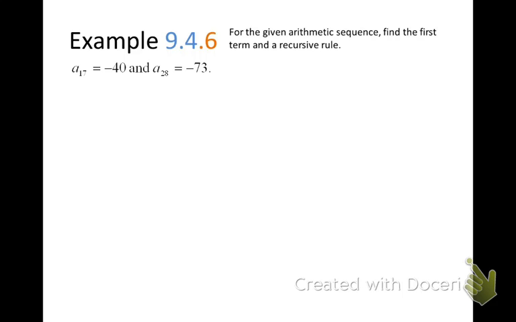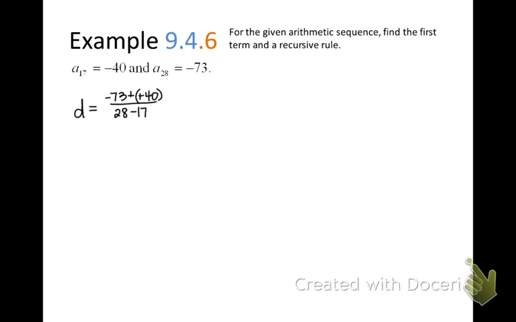So to do that, for the common difference, you take what your final number is supposed to be minus what you started with, and then divide that by how many terms elapsed in between, which is 28 minus 17. So these are both pluses.